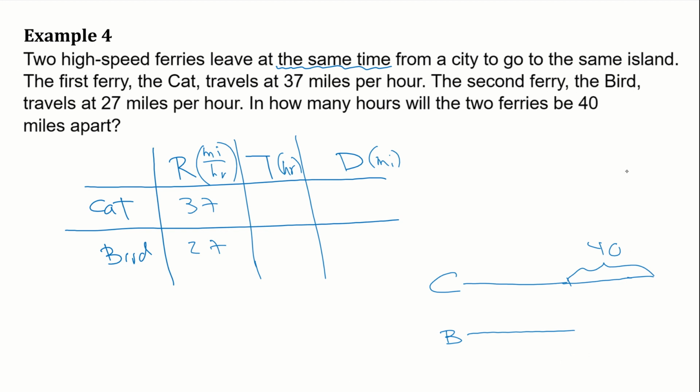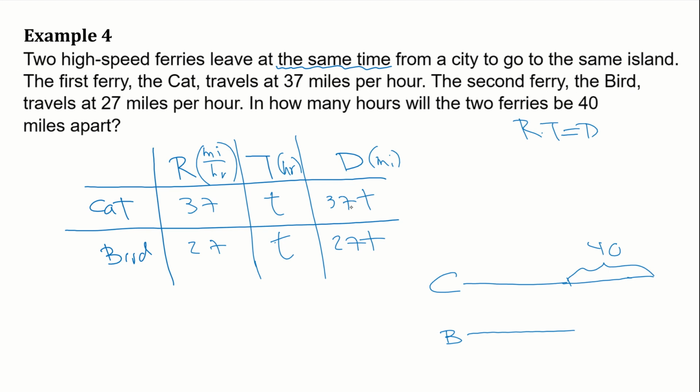So we don't know what the time is, how long that takes, but we can just call it a given name, right? So they're both in motion the same amount of time. We know the distance from our rate times time equals distance is going to be 37t for Cat and 27t for Bird, right?